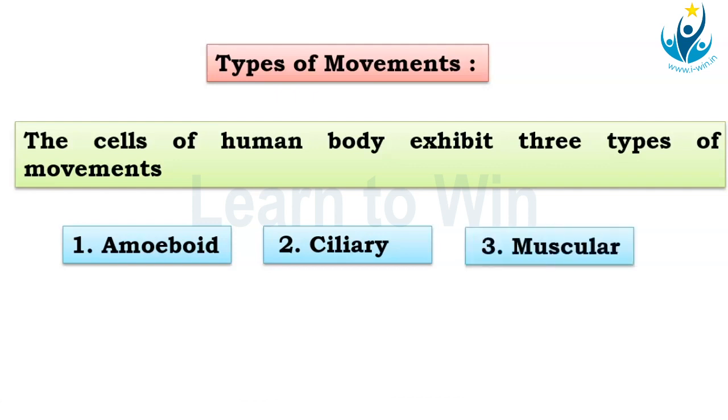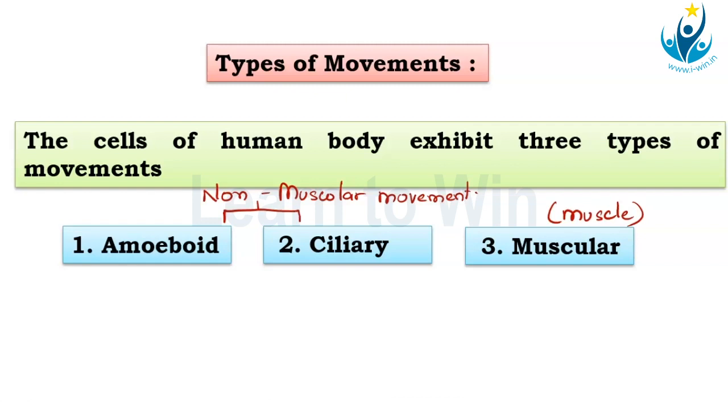The amoeboid and the ciliary are also called non-muscular movements, because here the structure exhibiting the movement is not a muscle. In the muscular one, the muscle is the structure associated with locomotion and movement, but that is not available in the amoeboid and the ciliary movement.